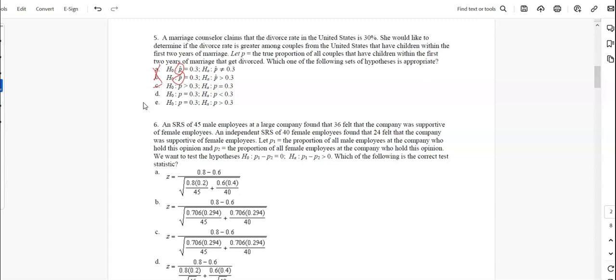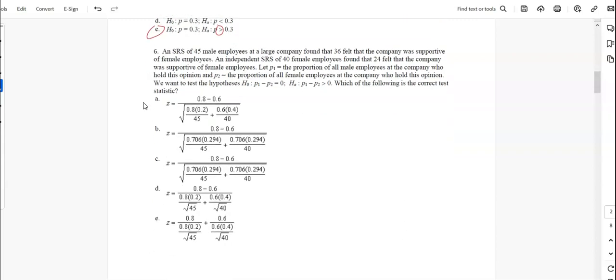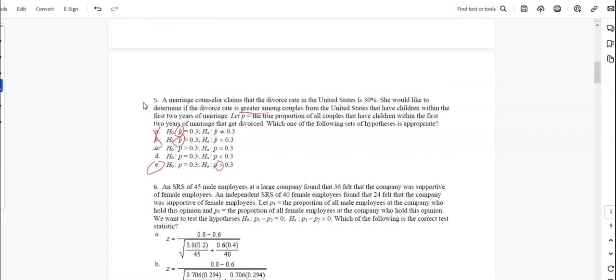You can't be talking about P hats when you're talking about the population parameter there, which is P, the true proportion. So it's either less than or greater than. So the proportion is greater among couples. So we are looking for this guy. So it's got to be E, because of the word greater there.